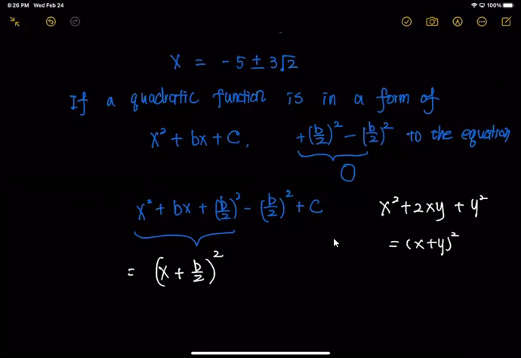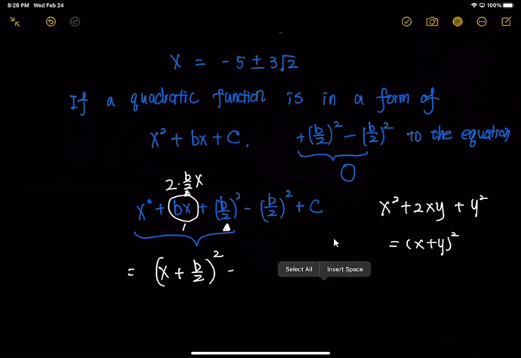Now we have a perfect square here, because bx, you can look at as 2 times b over 2 times x, where b over 2 is equivalent to our y value. And then we subtract b over 2 squared and add c. That's how you complete the perfect square.